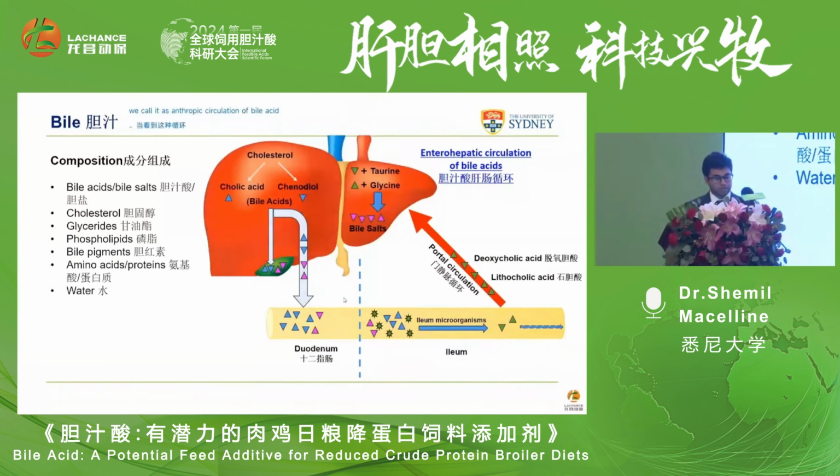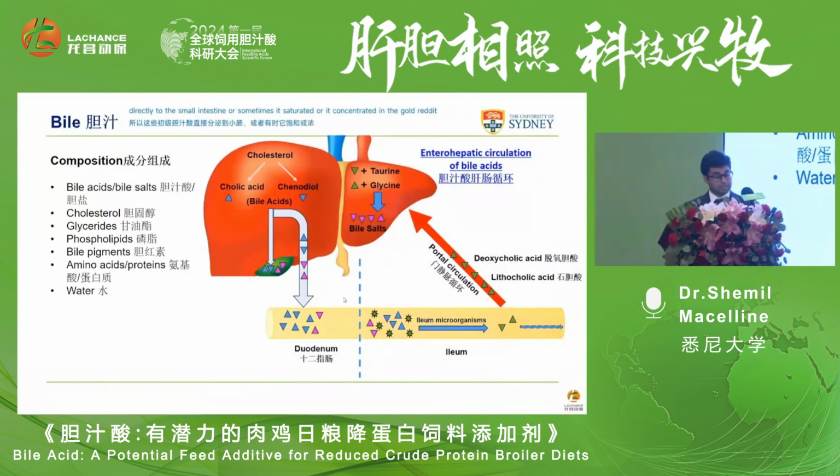Cholesterol in the liver can be converted by different enzymes into cholic acid or chenodiol, also known as chenodeoxycholic acid, and these acids are called primary bile acids. These primary bile acids can be secreted directly into the small intestine, or sometimes they are concentrated in the gallbladder.